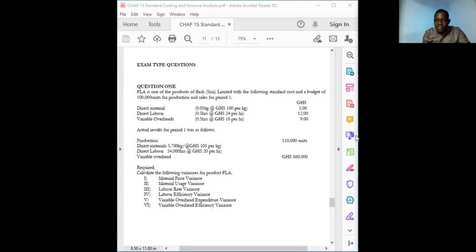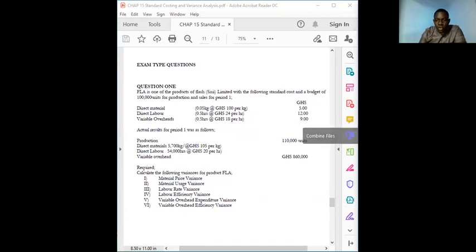So our material price variance will be equal to 5 times 5,700, which gives us 28,500 adverse. I'm talking costs. So it equals 28,500 adverse.